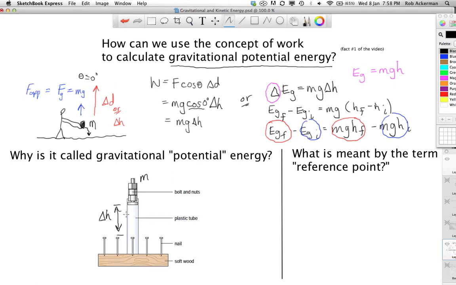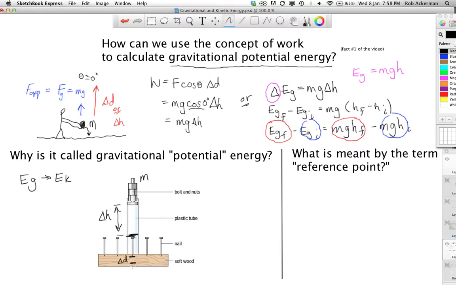Therefore, it's going to gain something that we've already called kinetic energy in this course. So we're going to have a little conversion of energy here from gravitational into kinetic. And so at the bottom here, the nuts and bolts will be moving faster than they were at the top. They will hit the nail, and now they will drive the nail into the wood. Maybe the nail will be driven down to here, and it will move through a certain distance, like that.